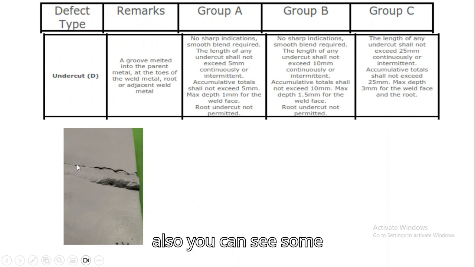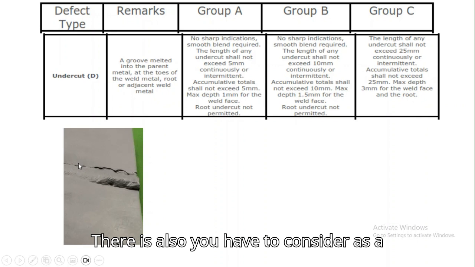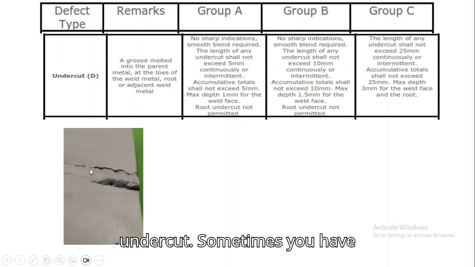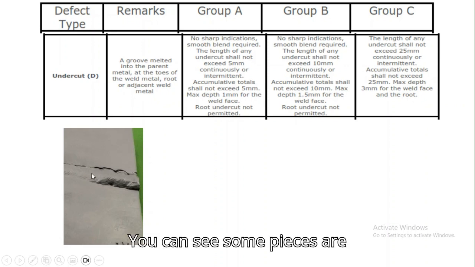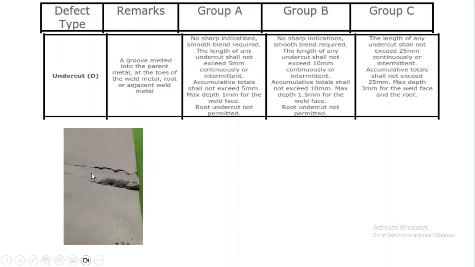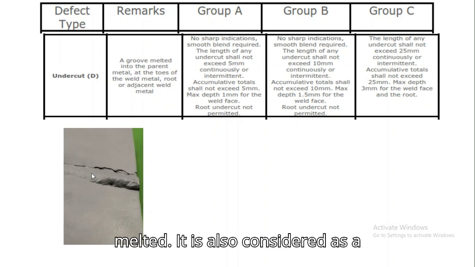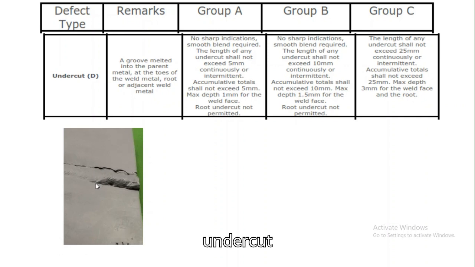This is a toe. Here also you can see some grooves that are melted. That is also to be considered as an undercut. Sometimes you have two interruns, and you can see some edges are melted. That is also considered as an undercut.